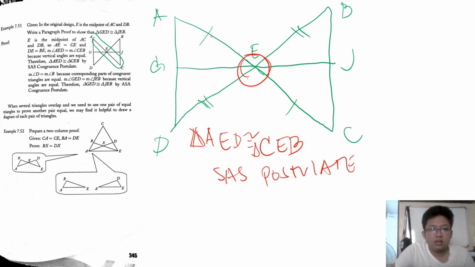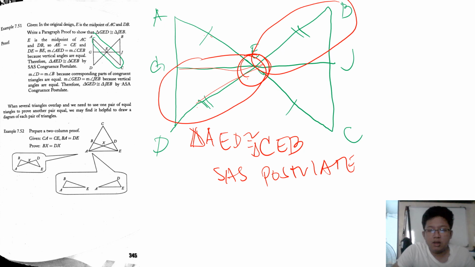Now, what's next? What we need to prove is GED is congruent to GEB. Itong dalawang hinahanap natin, kailangan natin i-prove. Given that these whole triangles are congruent, ano pa kailangan natin patunayan ngayon?